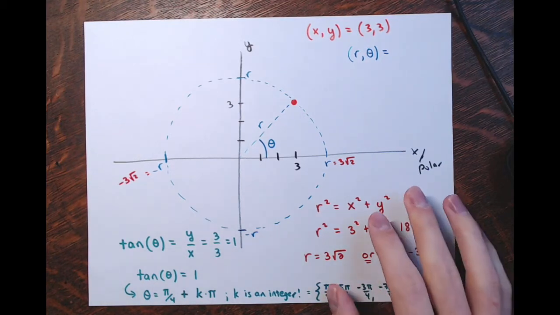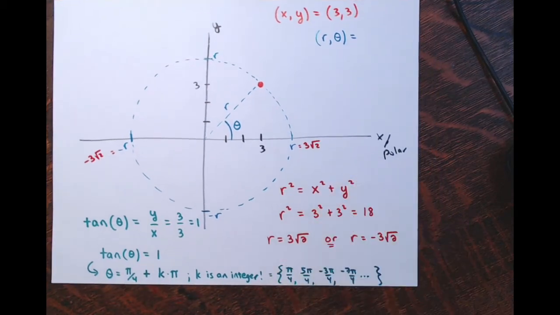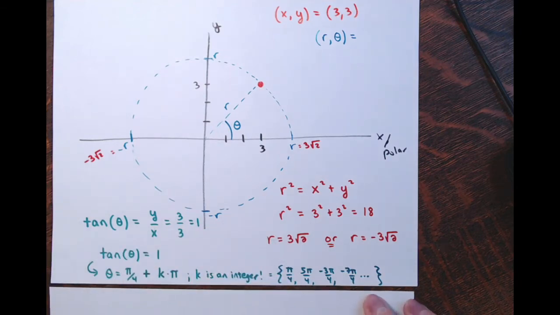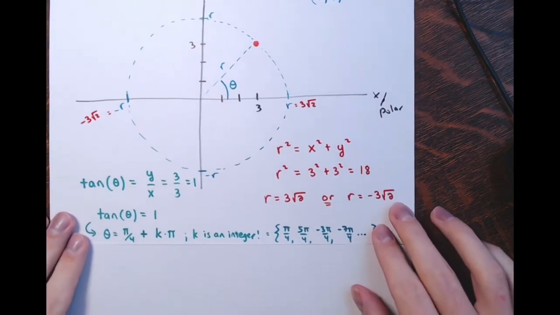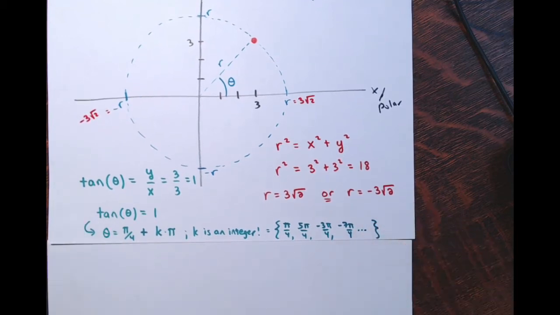Now, here comes the part where you make some decisions. This is making the decision about r. Do you want to use the positive r or the negative r? So I'll keep this picture up here. Now, what if I use the positive r?